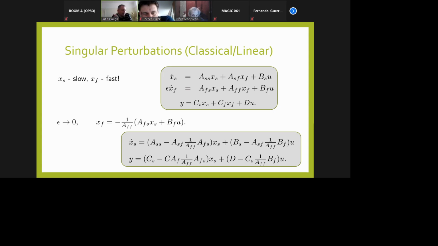And you can insert this slaved value for the fast variable into the equations, and you get a reduced system.